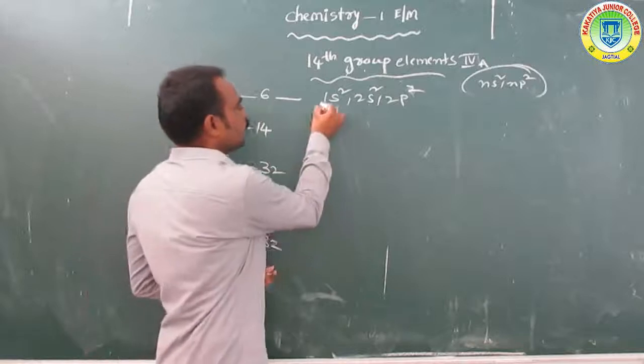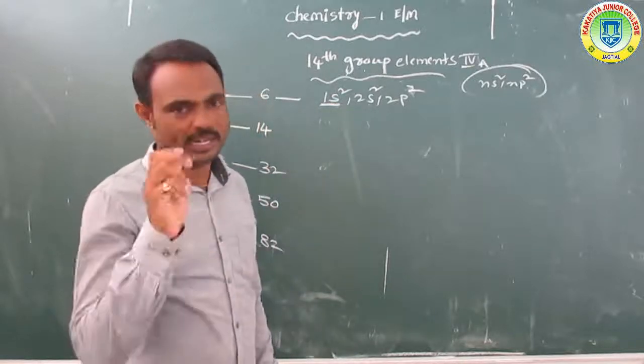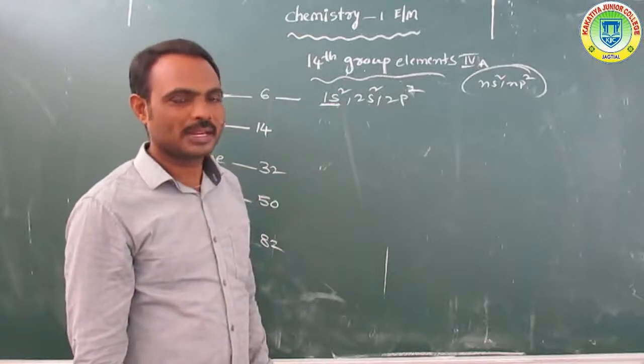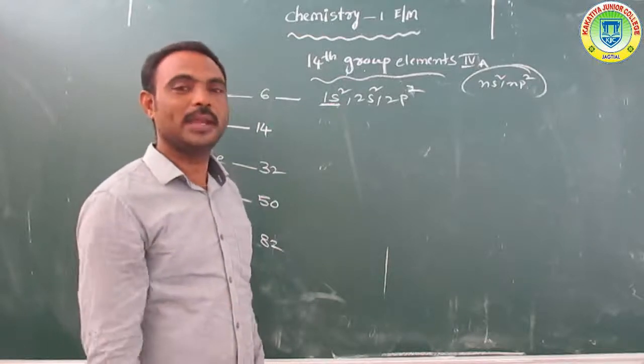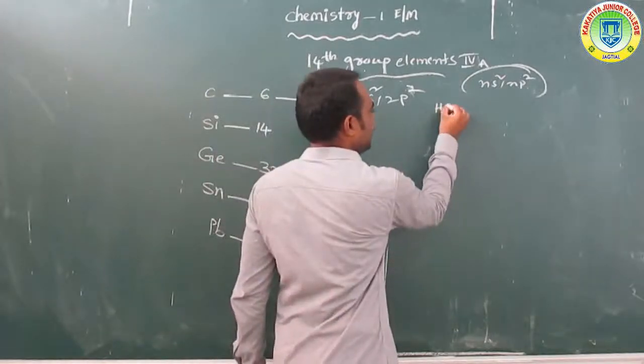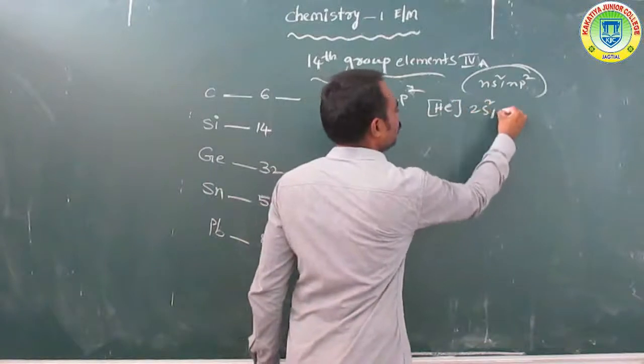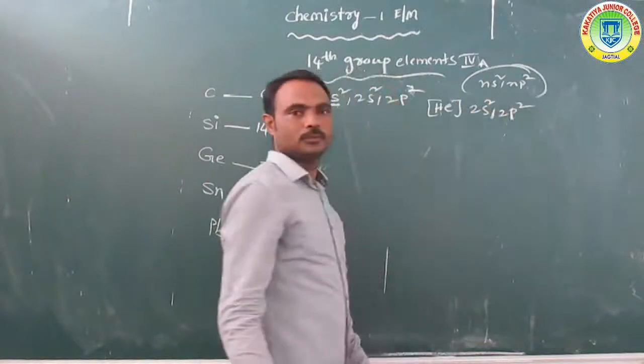We write a shortcut. 1s2 means 2 electrons, which is the element helium. So we write helium, 2s2 2p2.